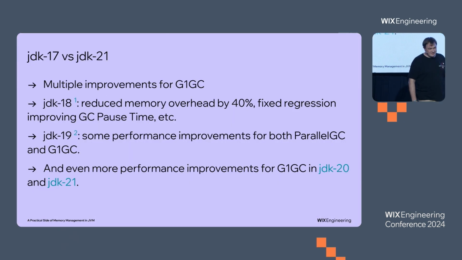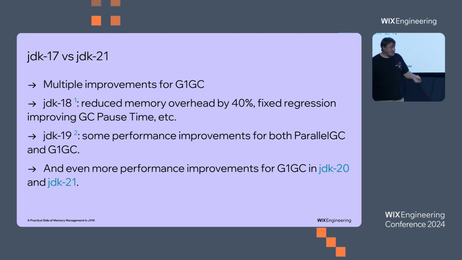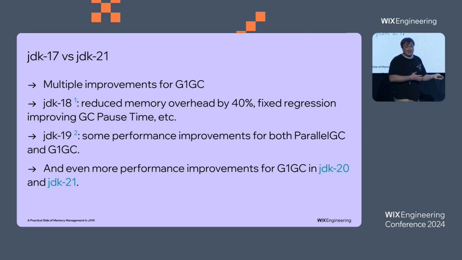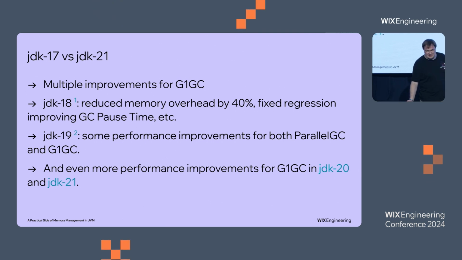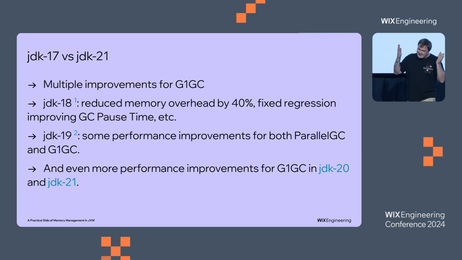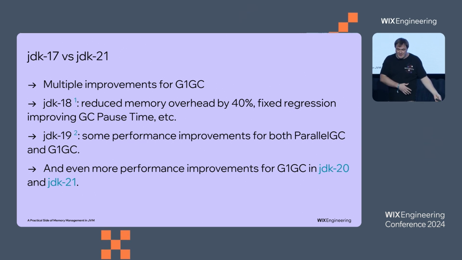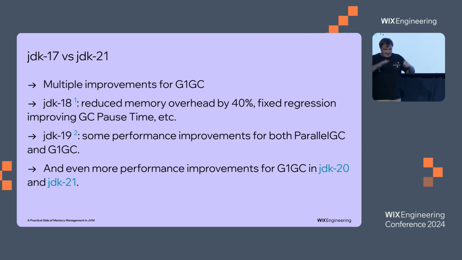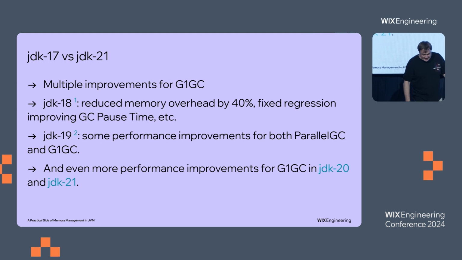So we went from OpenJDK 17 to GraalVM of JDK 21. And then I went to the changelog, and I found multiple improvements for G1 GC. They reduced the memory footprint of G1 GC, they improved performance. There were some improvements for parallel GC as well, but basically there were a lot of improvements between those versions.